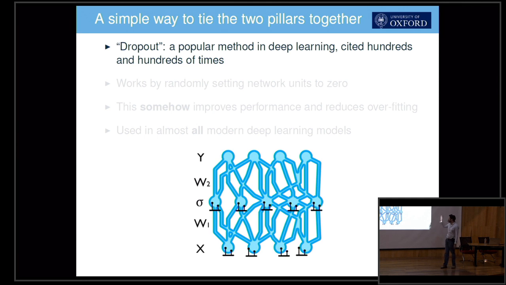I'm going to talk about only one way of doing that, a very simple way that intuitively, hopefully, will give you an idea of how these things are connected together. I'm going to talk about a tool called Dropout, which is a very popular method in deep learning, cited millions and millions of times by now. It's very simple. If you take your neural network, remember this was the input vector x, these are the elements in the input vector, it's affine transformation, we get a feature vector.